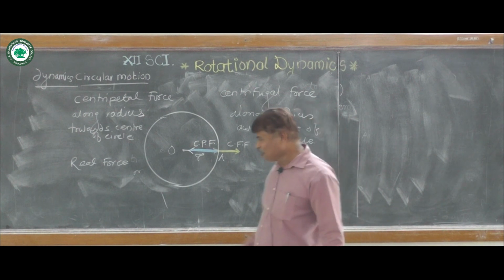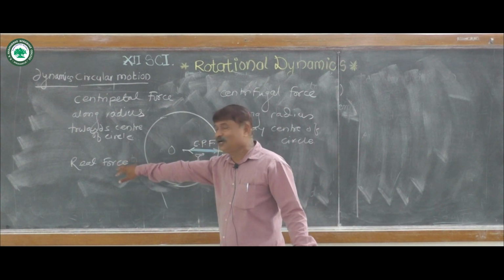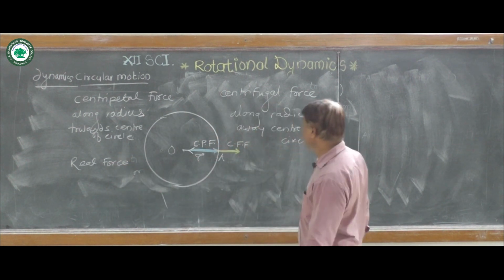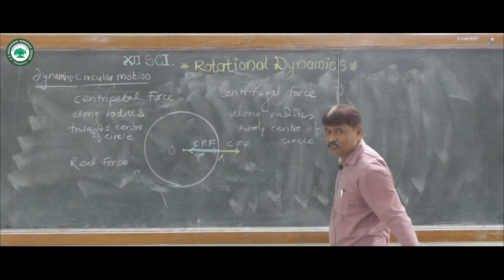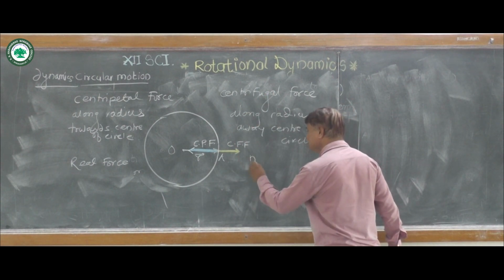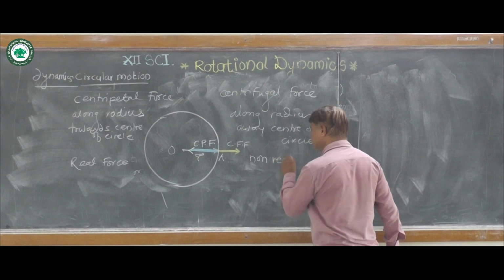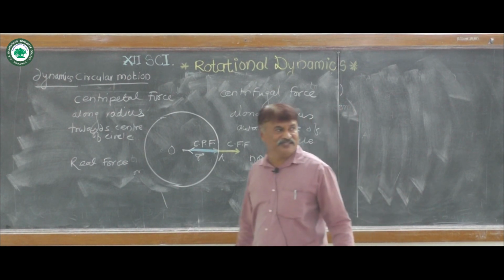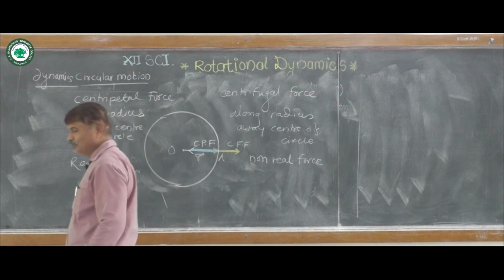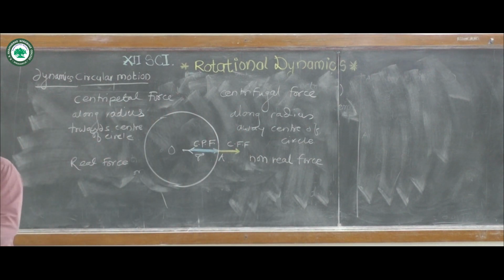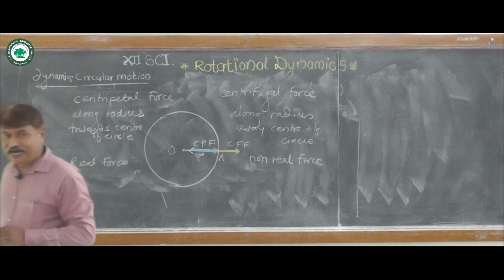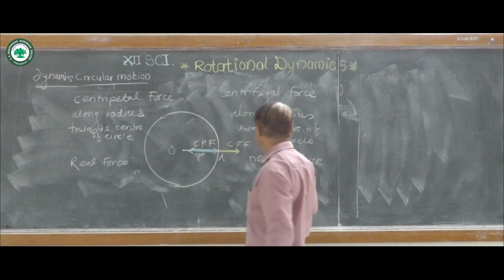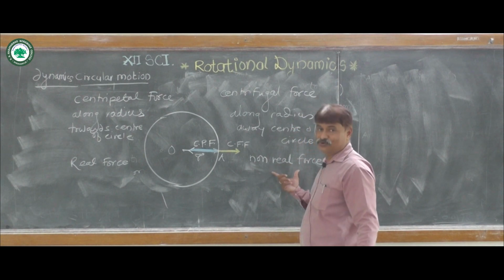It arises due to interaction, therefore it is called a real force. And centrifugal force is a non-real force. This is the major difference between centripetal force and centrifugal force.